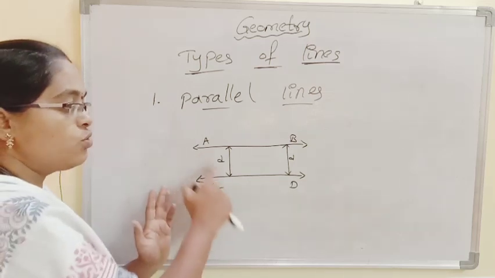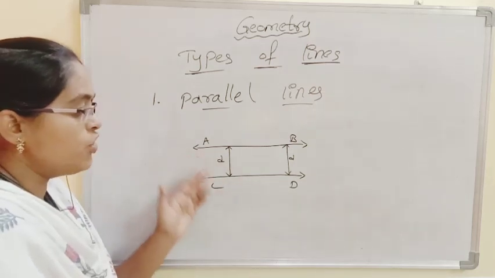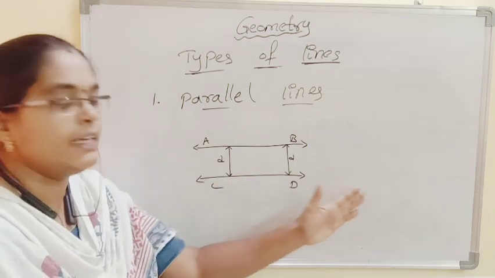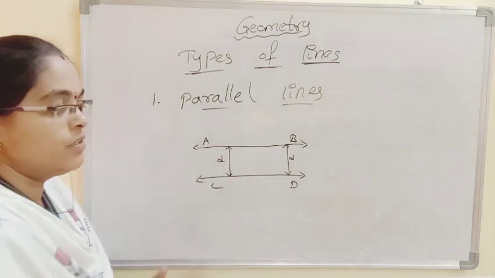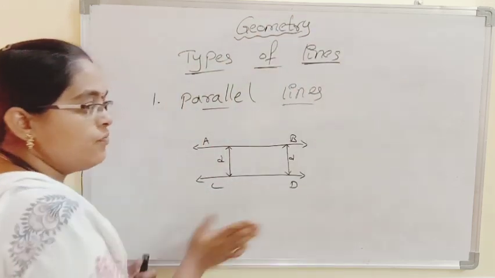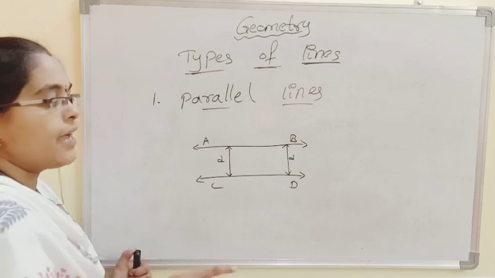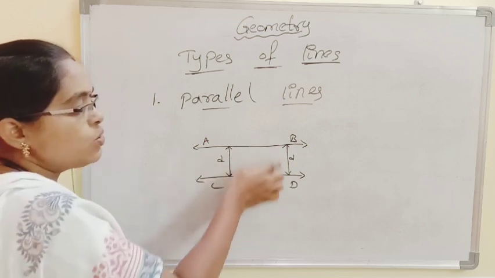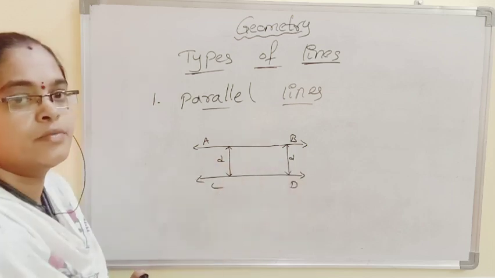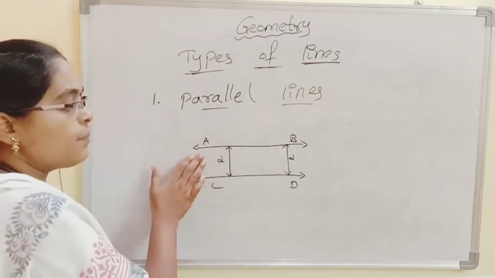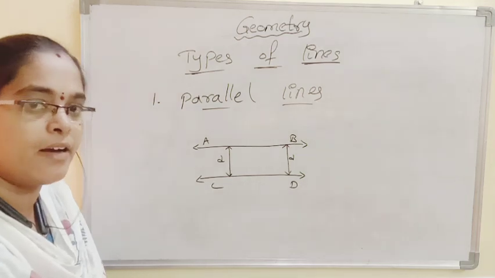Remember, these two must be in the same plane, which do not intersect at any point of the plane. If you consider this a plane, in this plane these two lines are not intersecting at any point, and the distance between them remains constant. The distance is not changing. So this type of lines we are calling parallel lines.